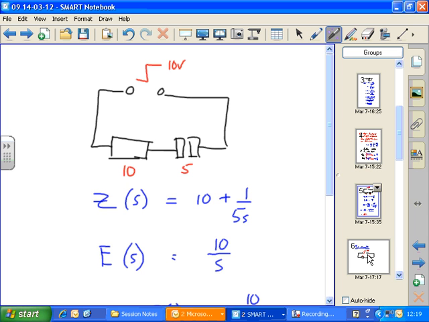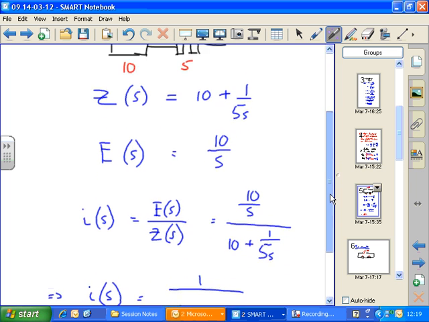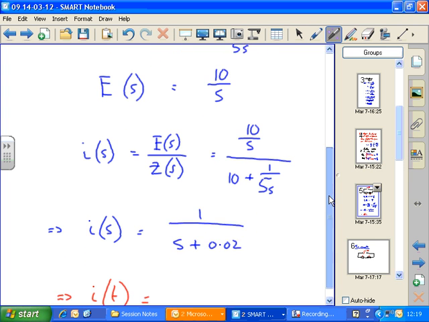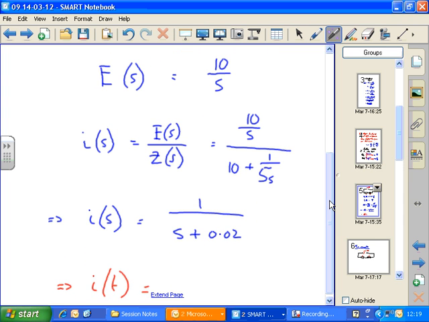So what's the first step? Find the total impedance, Z of S, by just adding 10 and 1 over 5S in series. The voltage is a step voltage of 10 volts, so that transforms to 10 over S, using the table again on page 5. Then Ohm's law gives E over Z. So that's 10 over S over 10 plus 1 over 5S. And then it's a case of just simplifying it.